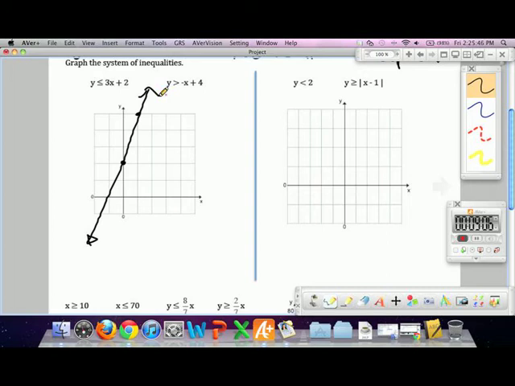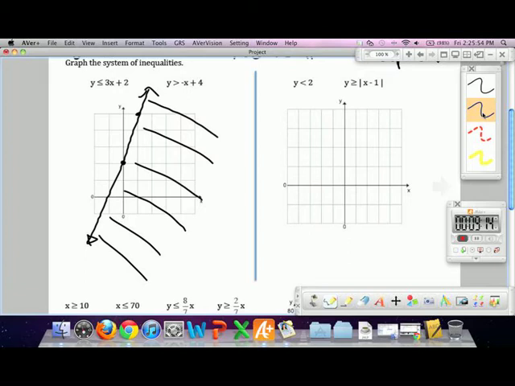The second one is a y-intercept of 4, 1, 2, 3, 4, with a slope of negative 1, so down 1 over 1. It's a dotted line, it's not or equal to. We could plug in a test point. Is 0 bigger than 4?